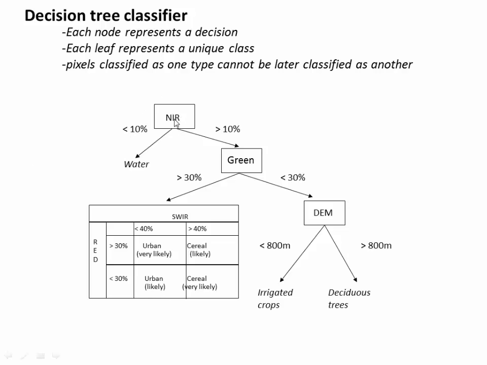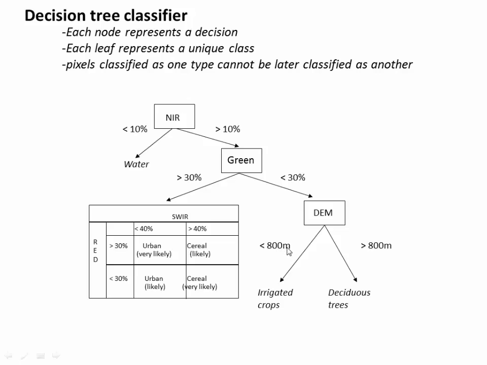But now if the next pixel comes in and it's greater than 10% reflectivity in the near infrared, then we have to ask other questions. So is it greater than 30% in the green or less than 30% reflectivity in the green? If it's less than 30%, we'd go to yet another question. In this case, the question would be, what's its elevation on the digital elevation model?